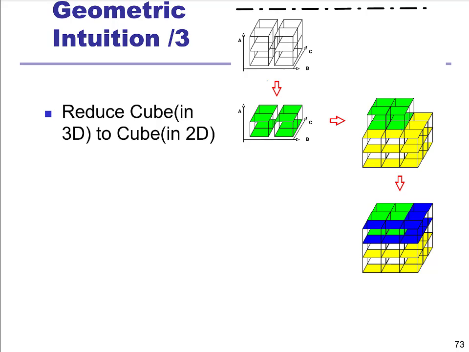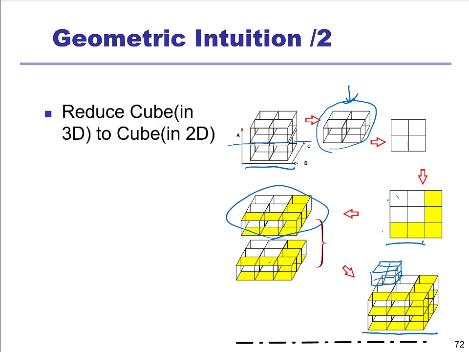Then we can have this green part, and as long as we have the green part, it is similar to how we get the blue part. The blue part is just a reduction from 2D to 1D. So for the 3D case, still 3 steps. One is to do the slice on A, and for each 2D cube, do the reduction to the 1D cube, and then put them together.